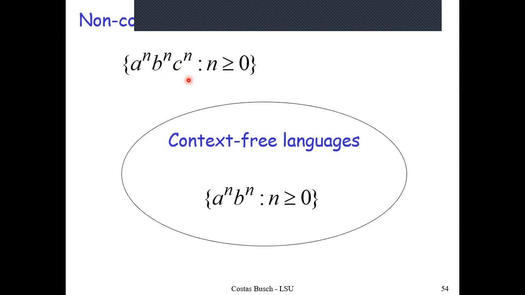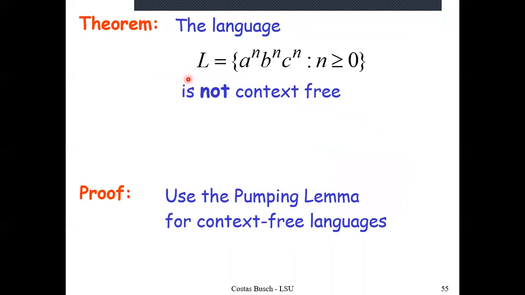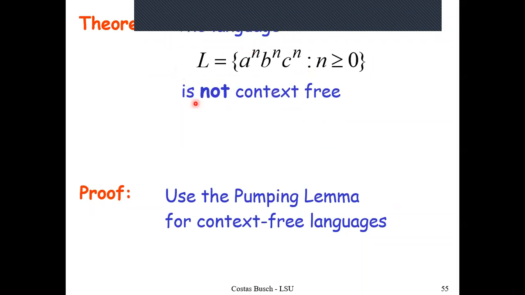But now let us apply the pumping lemma over it and see why it is not context free. Once again, I am going to suppose, on the contrary, that this language is context free. As a matter of fact, I have to show that this language is not context free. I'm doing the proof by contradiction, so I'm supposing that this language is context free.